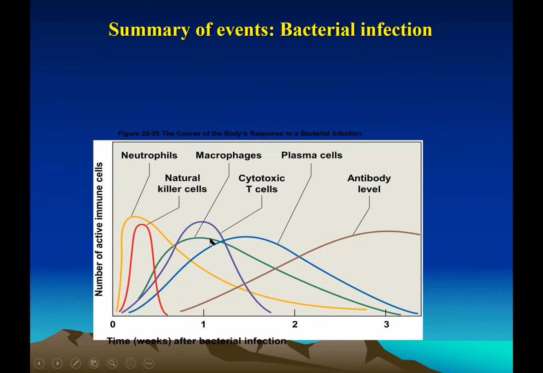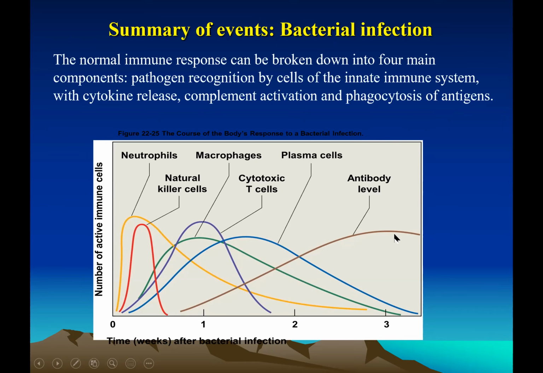Then it's macrophages. After they do phagocytosis, they are going to do the antigen presenting. That will trigger cytotoxic T cells. The B cells are activated and the plasma cells will start making the antibody. For the antibody to be produced, it takes about 2 weeks.